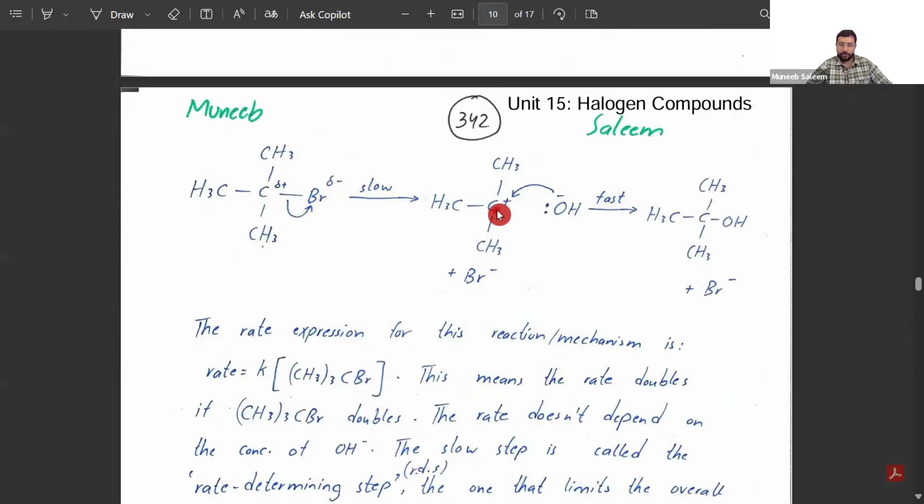Then it follows a fast step in which the two opposite ions bond with each other.